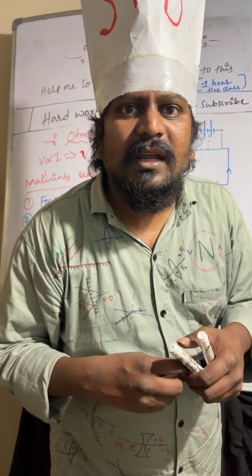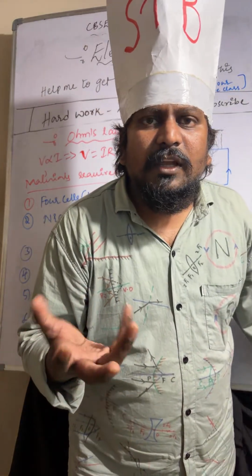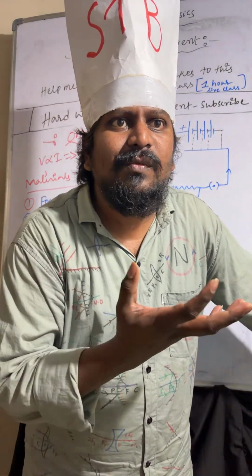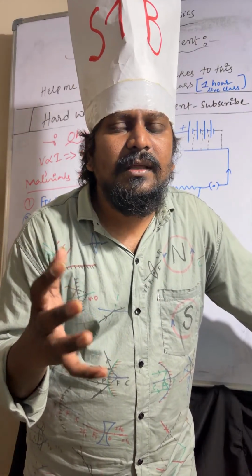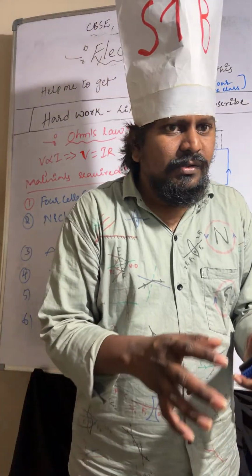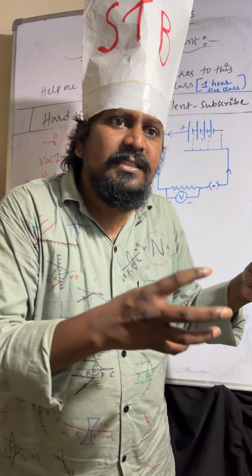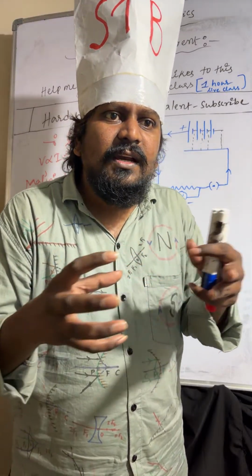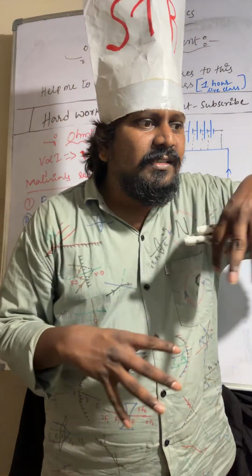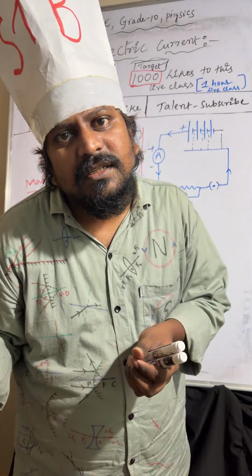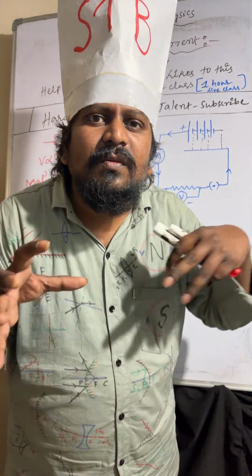Sir, why are you connecting with the dotted line? Why can't you connect with normal lines? Because first you have to connect one cell, and you note down the reading of the ammeter and voltmeter.